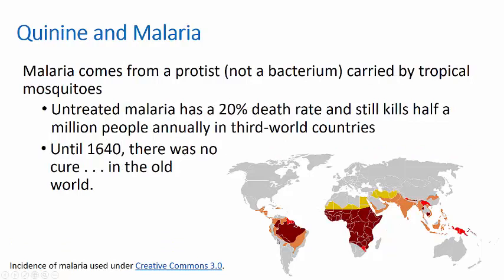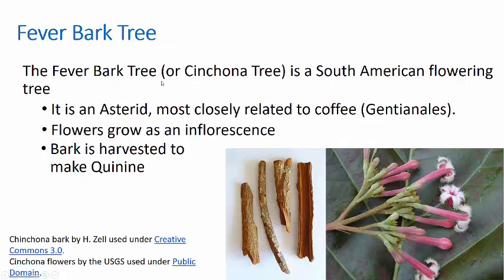So this tree is growing over here in the Americas, and is going to be used to produce something called quinine. It's going to be ground up and soaked as a tea. And that quinine that comes out of the bark is the medication that actually treats malaria.